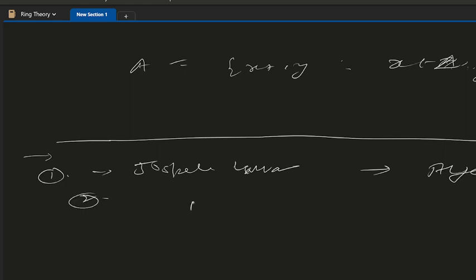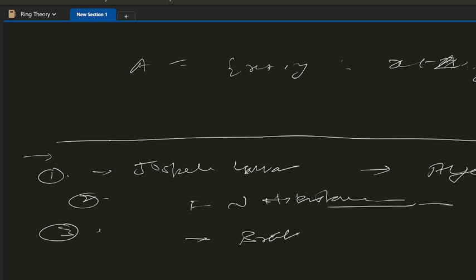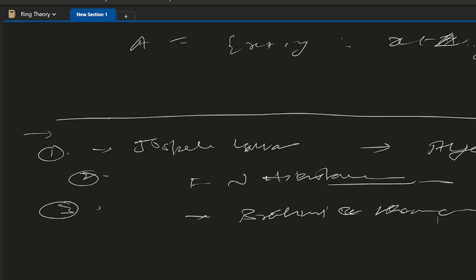Another book is Herstein, and the third book is Bhattacharya and Khanna. These three books are sufficient, but you must focus on Joseph Gallian first, because the language is pretty easy.